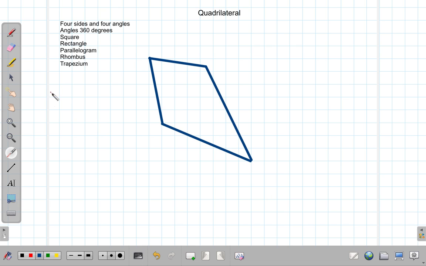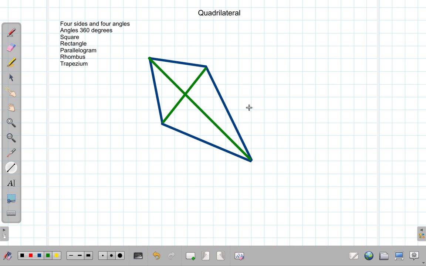Now, what is the sum of all these angles? Let us figure that out. We have these 2 lines here. These are 2 diagonals, right? Dia means across.